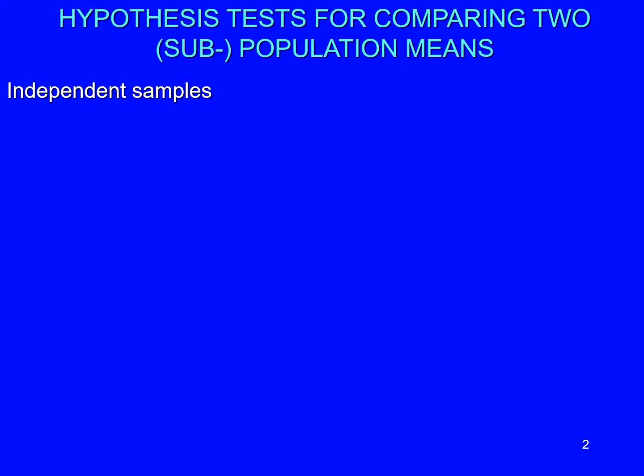We test whether we have significant evidence to reject the hypothesis that the population means are equal, or we do not have significant evidence to reject it.